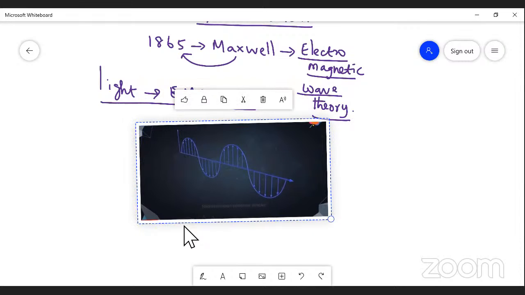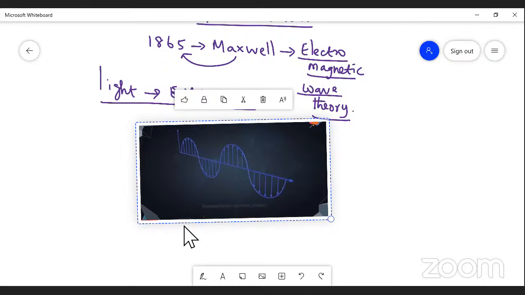After neglecting the vibrations of the magnetic field in the light wave, the wave becomes a line like this. Here this light wave looks like a transverse wave. So from this diagram, it is clear that light waves are transverse in nature.